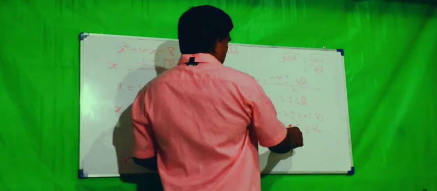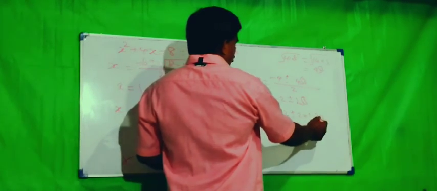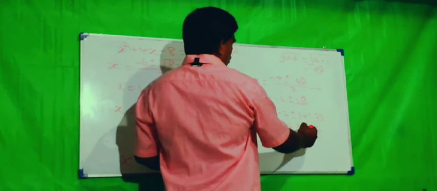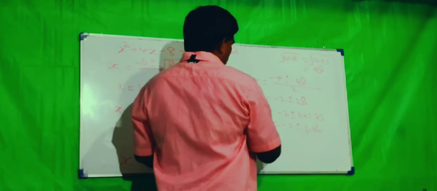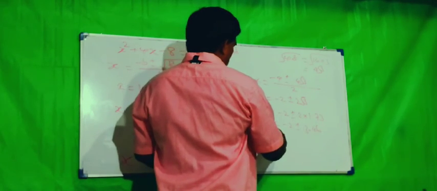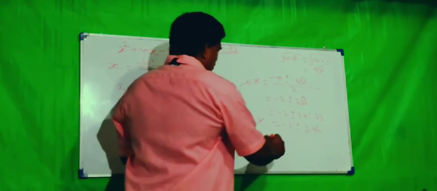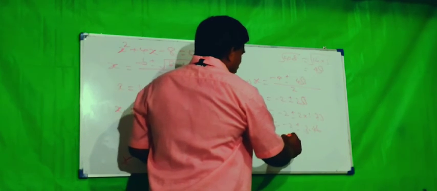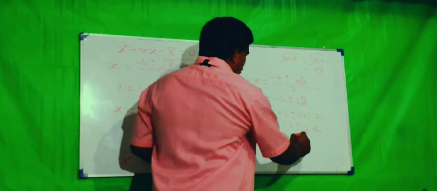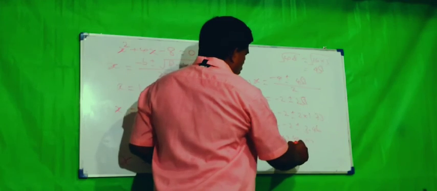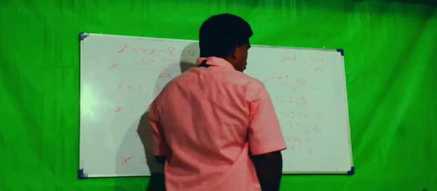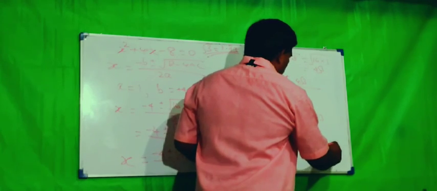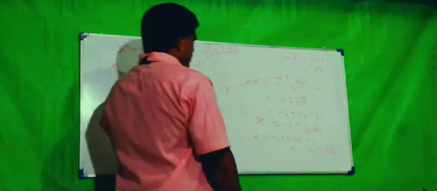Now on two occasions this value can be taken as positive and negative, using plus or minus. Now we can write it as follows: x equals minus 2 plus 3.46, or x equals minus 2 minus 3.46.